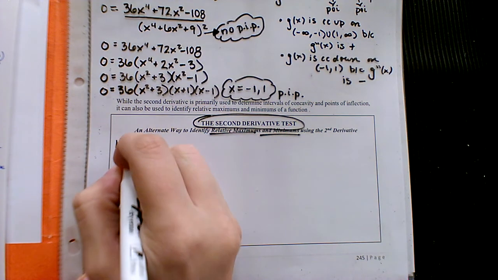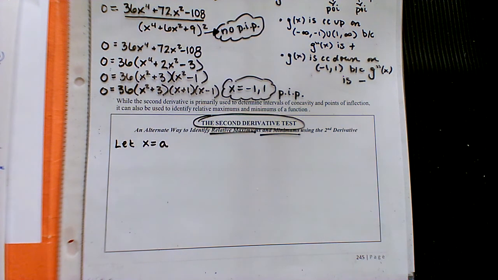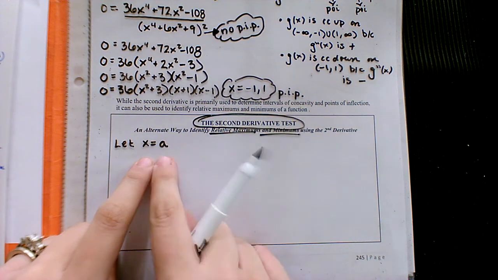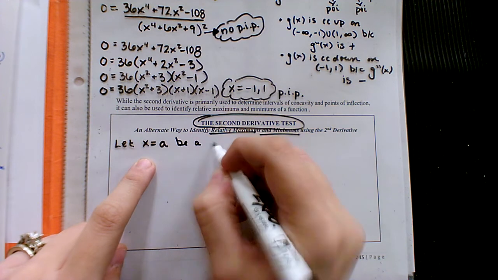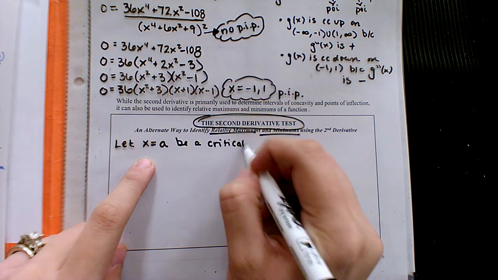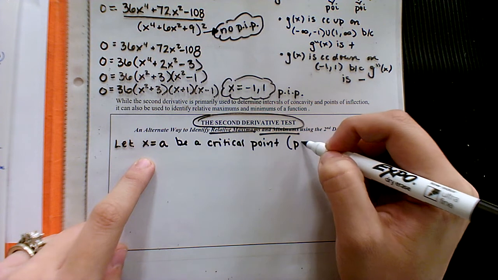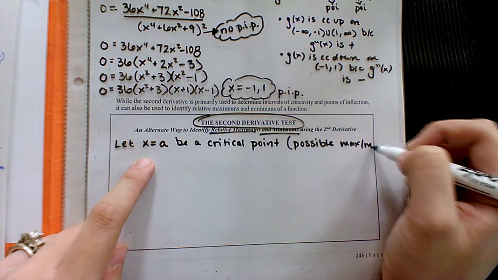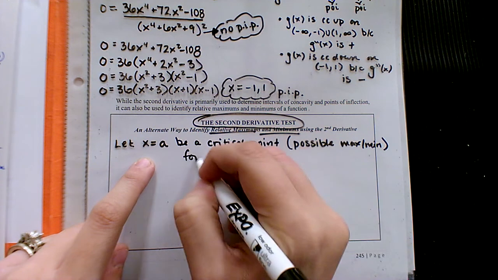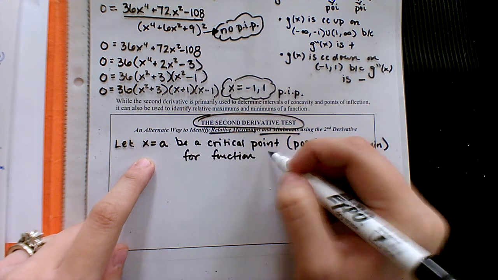So what's important though is we have to first identify a critical point, where we have a potential max or min. So we're going to let that be an assumption. Okay, we're going to say let x equals a be a critical point. Remember, that's our definition for a possible max/min for the function f of x.